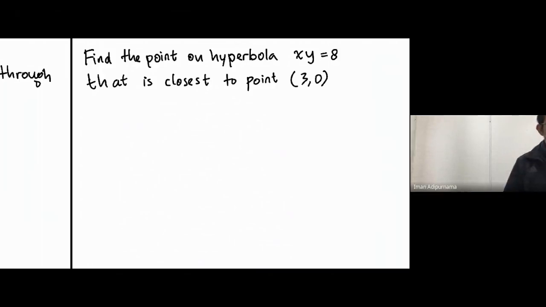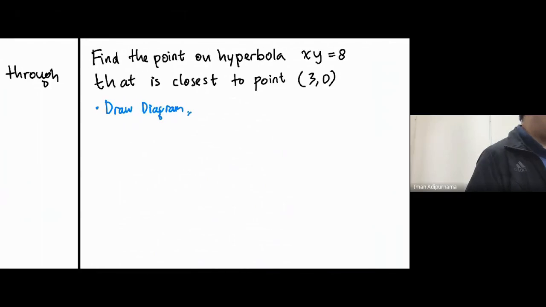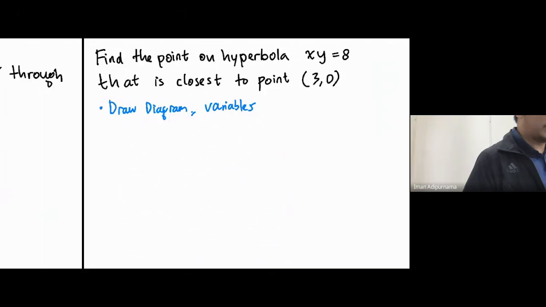So as a review, I will write the necessary things that you need to do. Okay, so first, draw the diagram. Maybe if you want, name the variables. If not, then just draw the diagram. I think that's just fine.